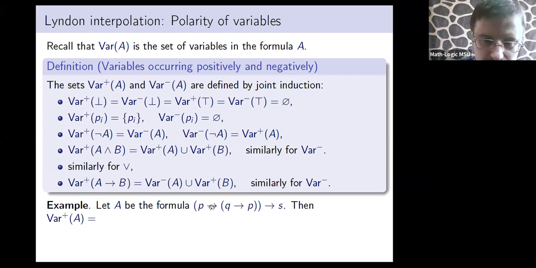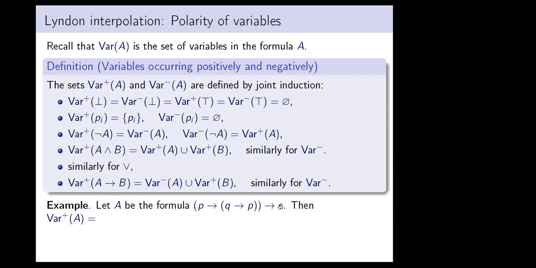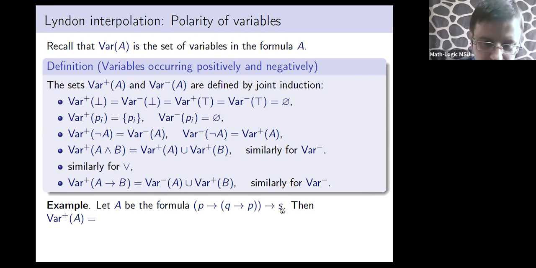So this formula is an implication. It has a positive part and a negative part. Its negative part is again an implication, and so on. So this variable S, is it positive or negative? Well, it's obviously positive. So S is positive.